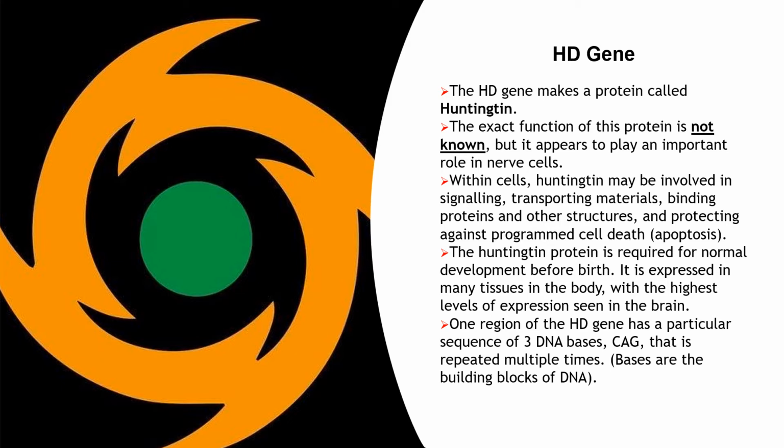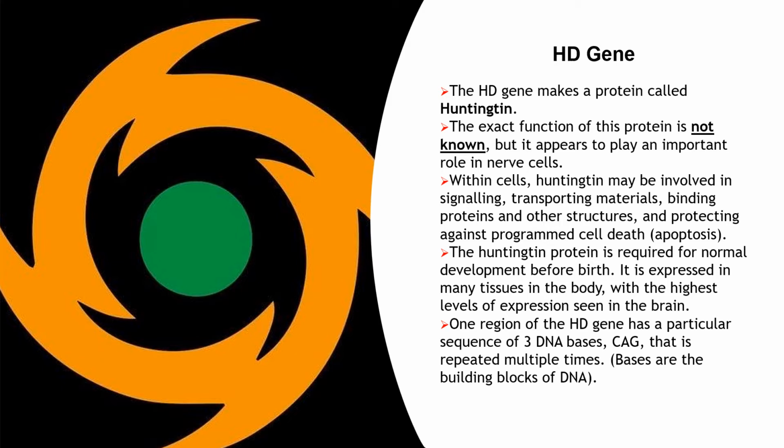Within cells, huntingtin may be involved in signaling, transporting materials, binding proteins and other structures, and protecting against programmed cell death, for example apoptosis. The huntingtin protein is required for normal development before birth, and it is expressed in many tissues in the body, with the highest levels of expression seen in the brain.